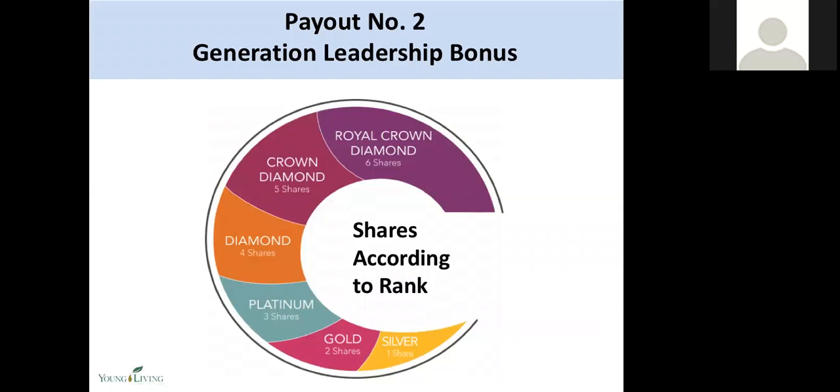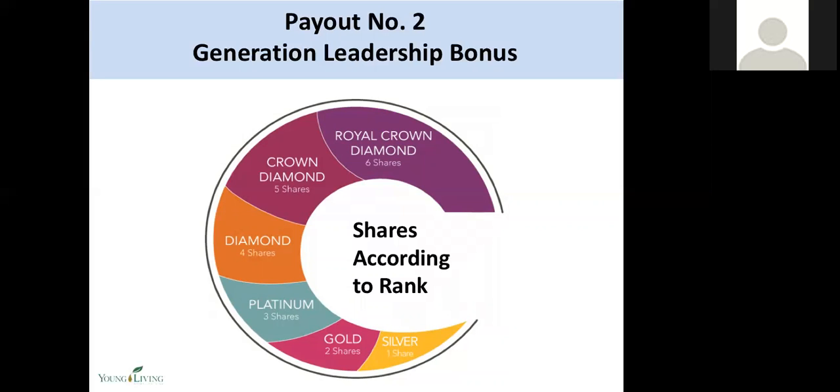As a silver leader, you, for yourself, even if you had no other silvers under you, you would qualify for 1 share, because you as a silver would receive 1 share of this bonus. And then as you build additional silvers under you, you qualify to be paid on those silvers as well, 1 share for each silver that you may build within your organization.